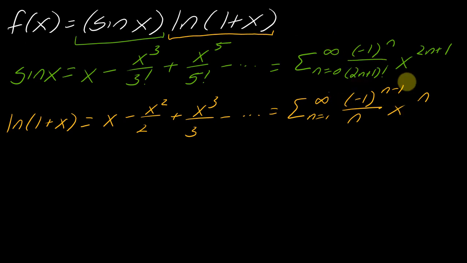I had a whole video where I talked about finding intervals of convergence with power series. So if I'm multiplying 2 series together, the interval of convergence will be the intersection of these 2 series' intervals of convergence. So maybe what we should do is focus on finding the interval of convergence for each of these. So let's do that. I'll make some space.